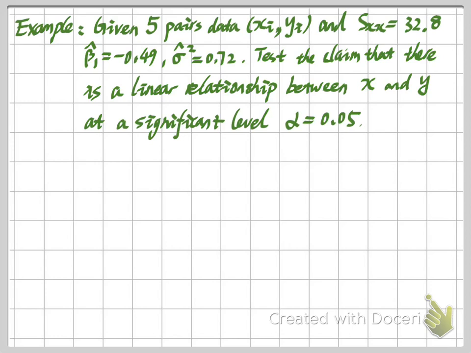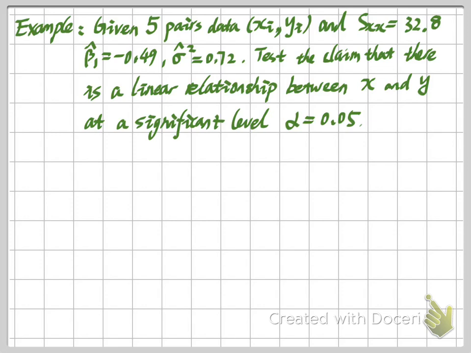We have S sub XX equal to 32.8, the estimator of our beta 1 is negative 0.49, and the estimator of our sigma square is equal to 0.72.